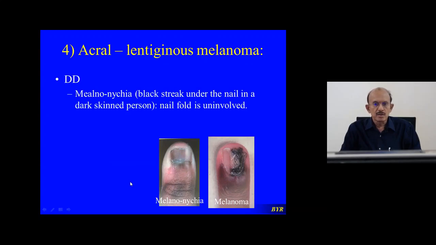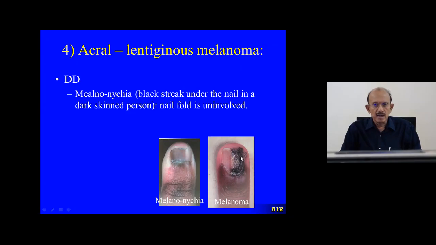Differential diagnosis: it should be differentiated from melanonychia, that is a black streak under the nail in a dark-skinned person. Nail fold is uninvolved in this case. So in some black skin, like Negroes, you will see black pigmentation of the nail bed.